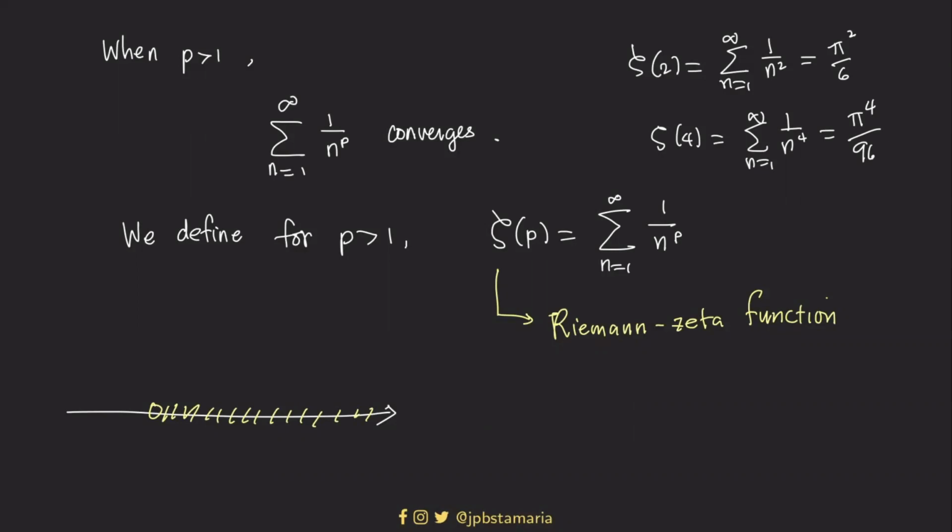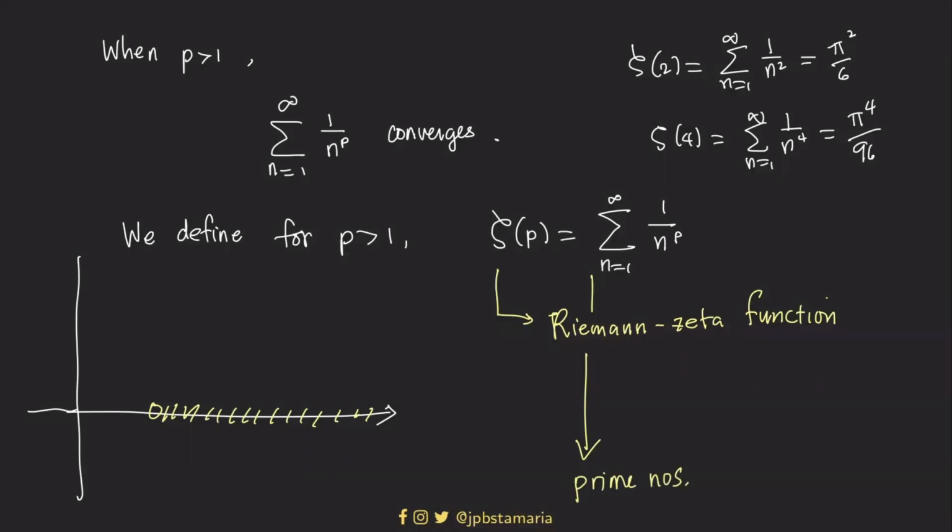So Riemann, may mga properties yung zeta function na na-derive siya. Tapos, na-discover niya yung connection ng Riemann zeta function sa mga prime numbers. Riemann discovered the connection between the prime numbers and the Riemann zeta function.